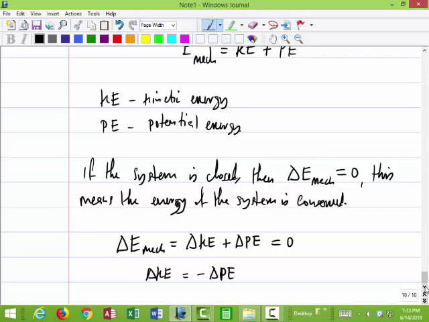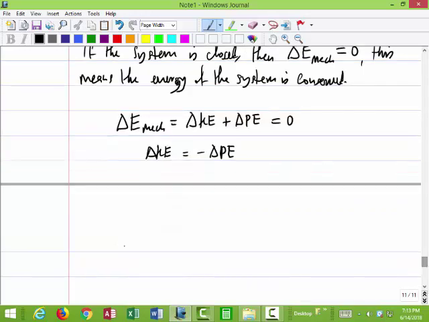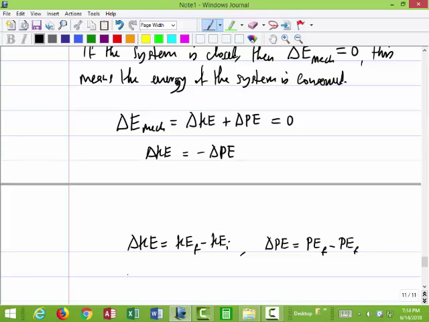So a loss in kinetic energy is equal to a gain in potential energy, and so on. Change in kinetic energy is final kinetic energy minus initial kinetic energy, and change in potential energy is final potential energy minus initial potential energy.